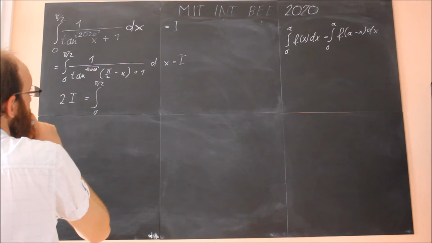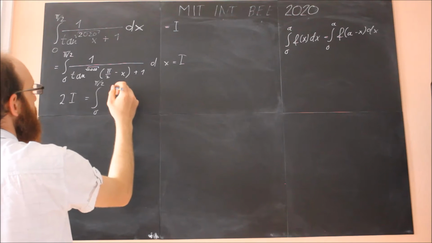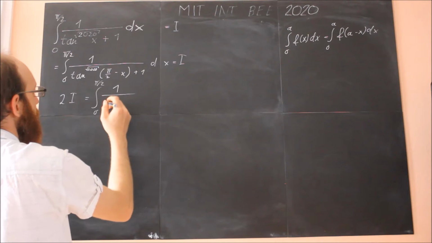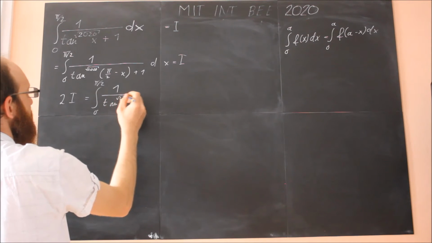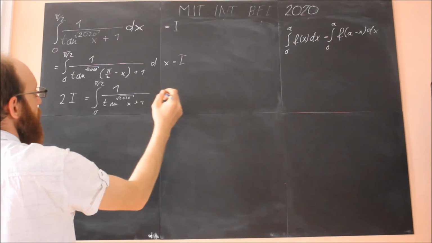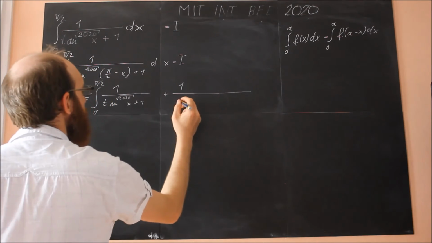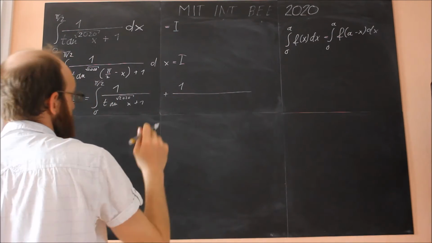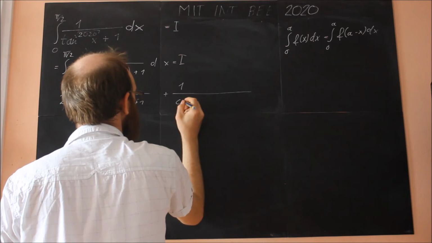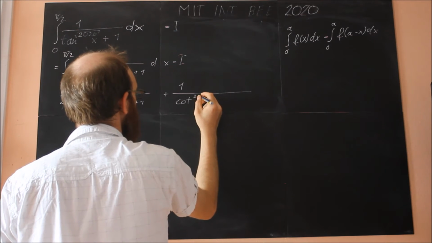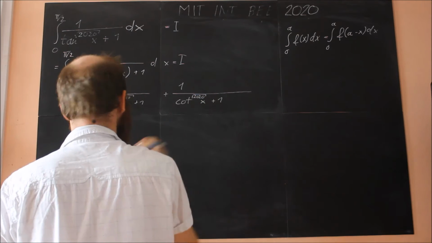and we use the shifting property. So here we have 1 over tangent to the power square root 2020 of x plus 1, plus 1 over tangent of pi over 2 minus x, which is exactly the cotangent, to the power root 2020 of x, plus 1.